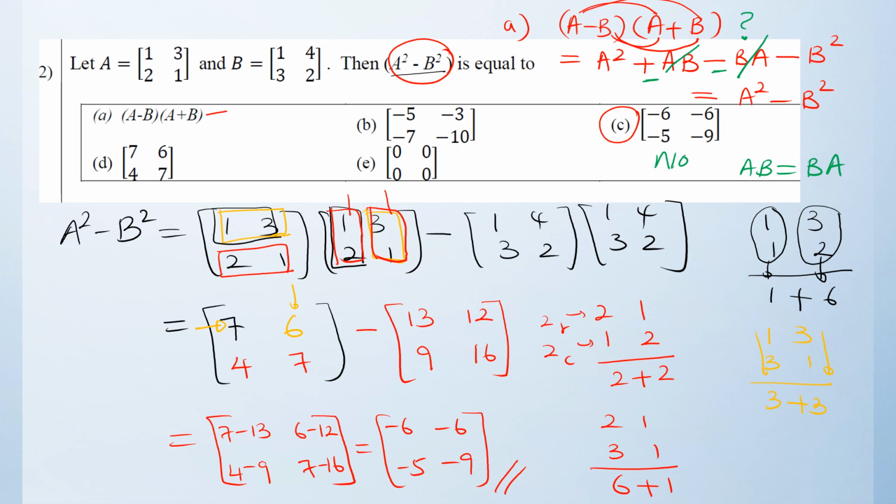But we know that generally AB does not equal BA. I mean, multiplication is not commutative. So this is incorrect. So the final answer is only C.